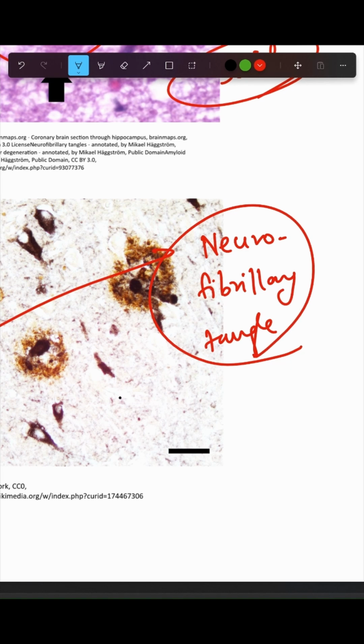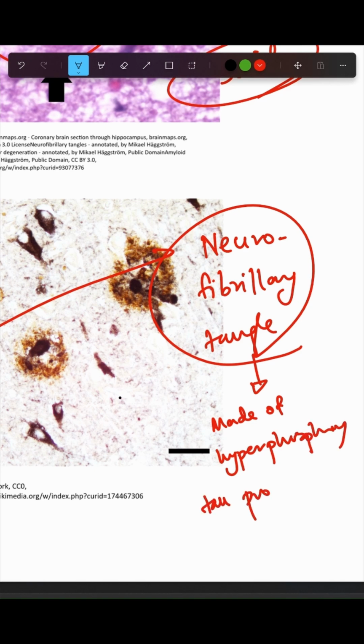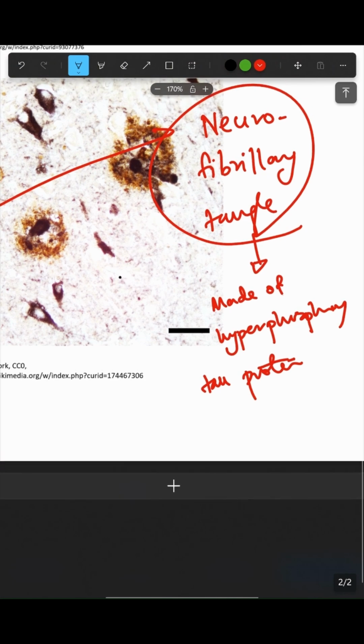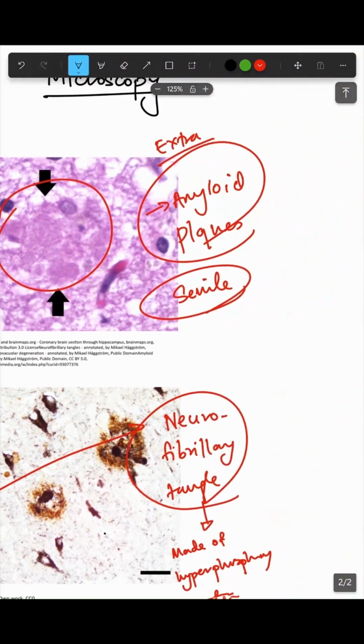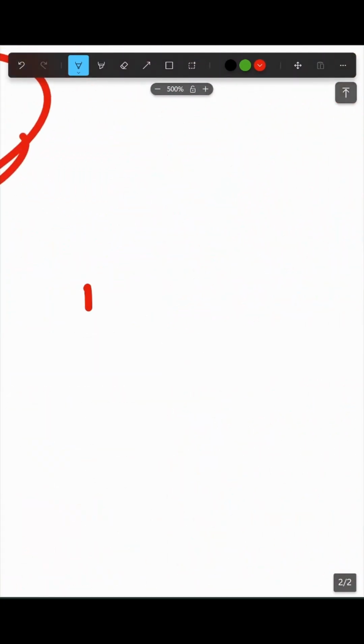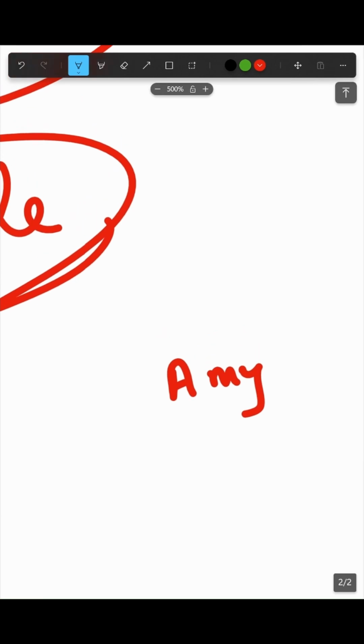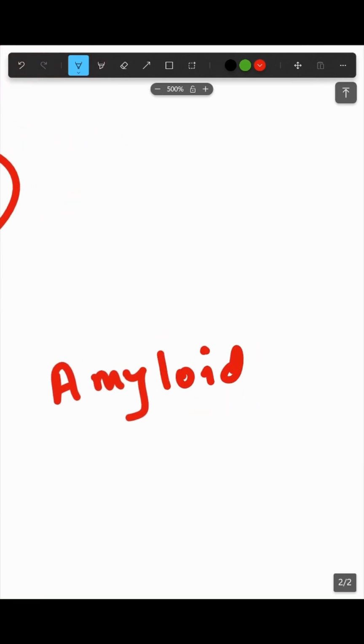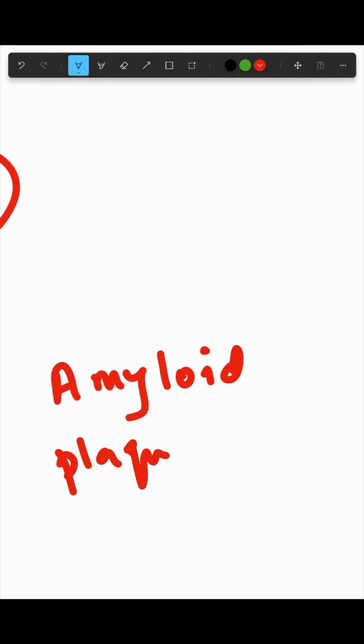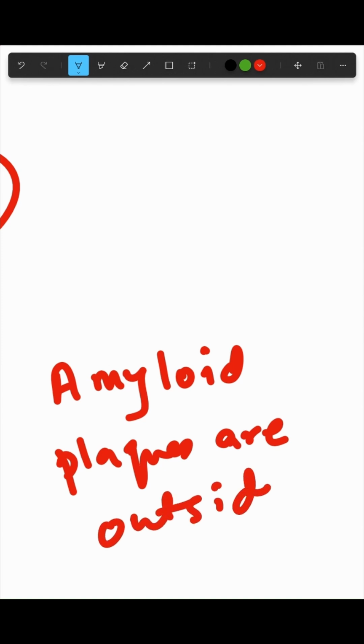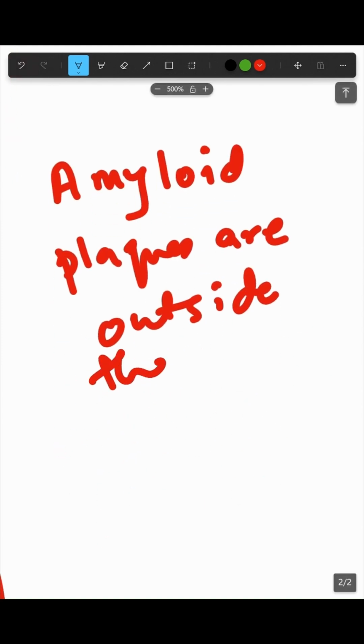And what this is, it's made of hyperphosphorylated tau protein. So a simple way to remember this is by saying that amyloid plaques are outside the neuron.